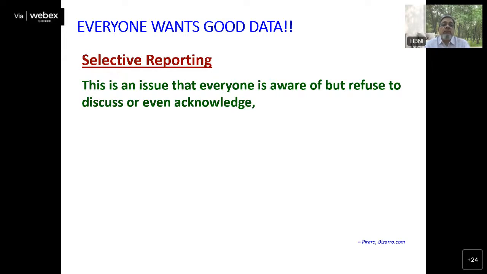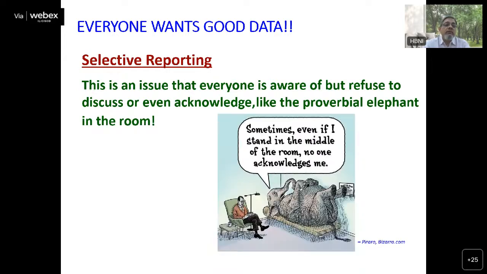So basically it all boils down to everyone wanting the good data. But the problem is whenever you do an experiment, inevitably you have data which is not so good also. But this is something which people are rather reluctant to accept, because they say that no, we don't have any bad data. This is all data and it's all good data.